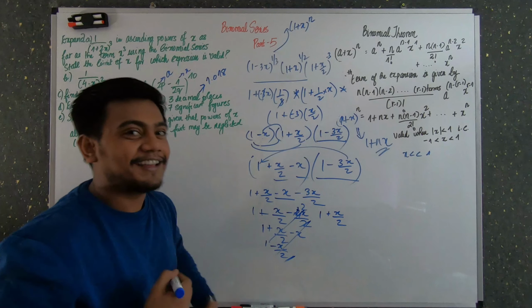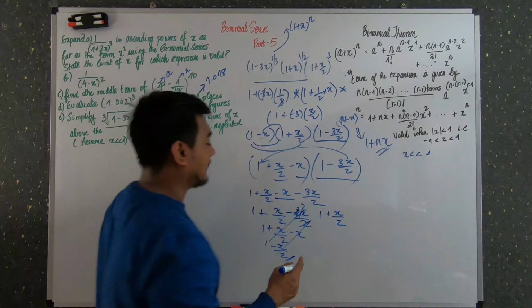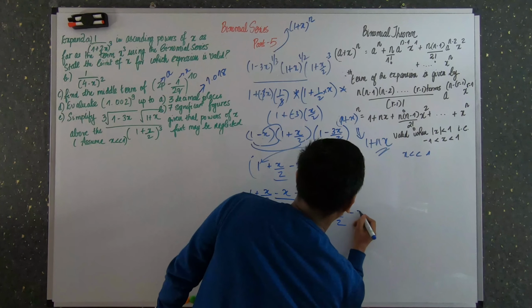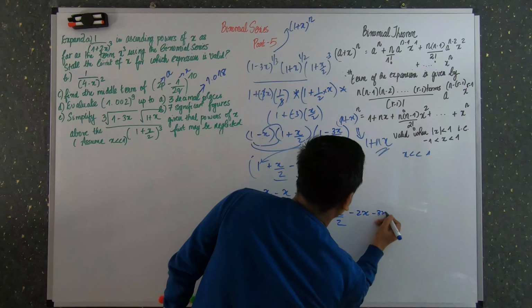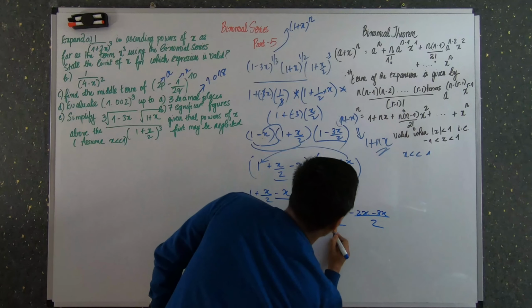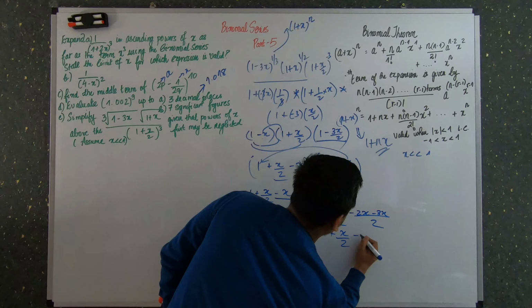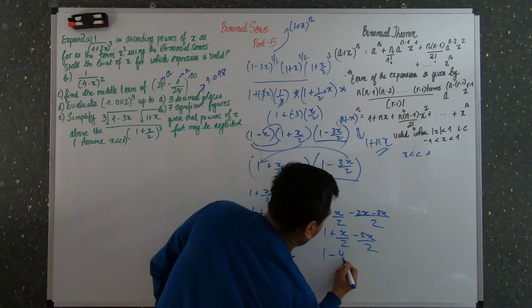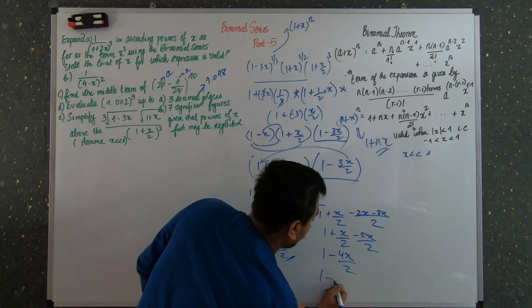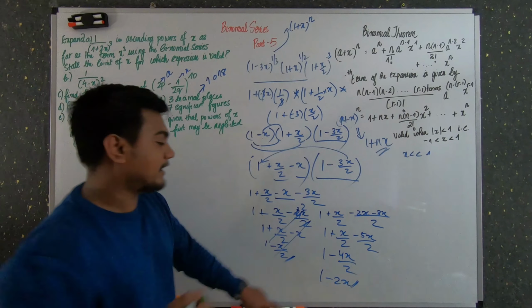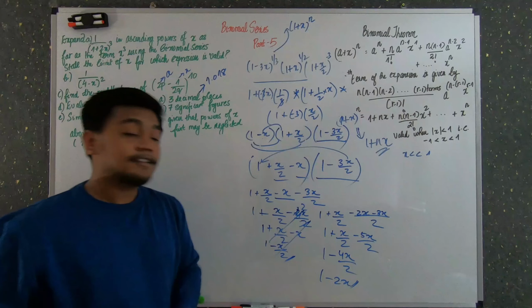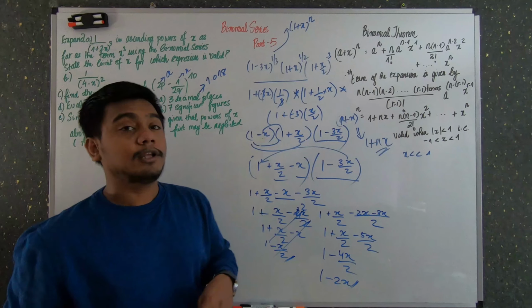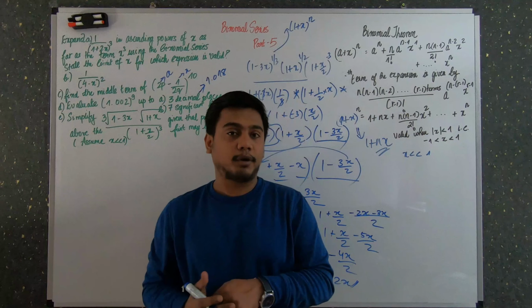This is why actually I did a repetition, because I was not sure about this answer. Okay, minus 2x minus 3x by 2. So what it is, 1 plus x by 2 minus 5x by 2. What it is actually, 1 minus 4x by 2, that is 1 minus 2x. Now the answer is correct. So 1 minus 2x. So that's the answer for the last problem, the fifth problem.